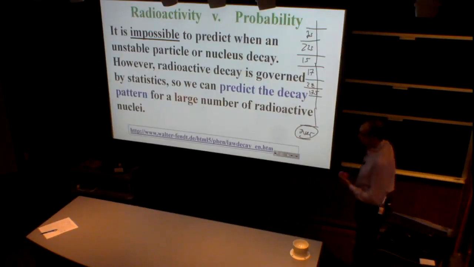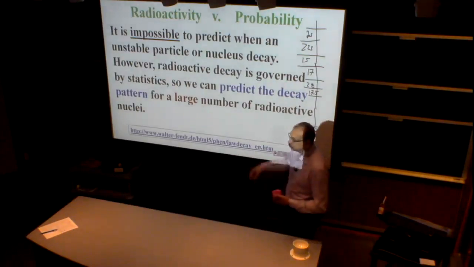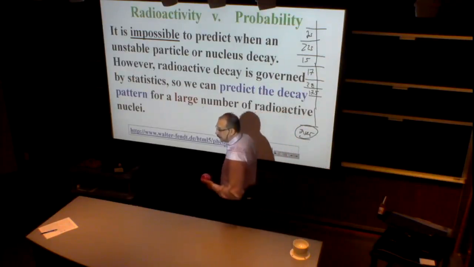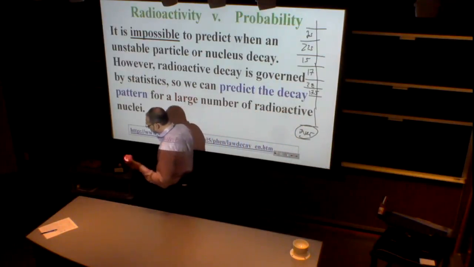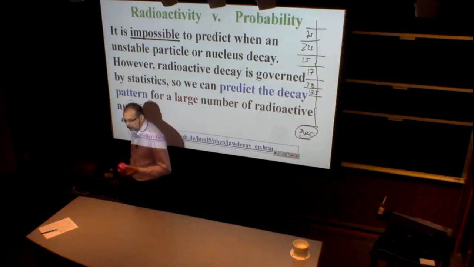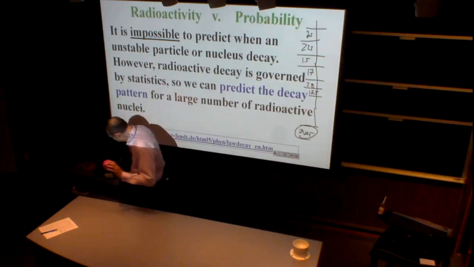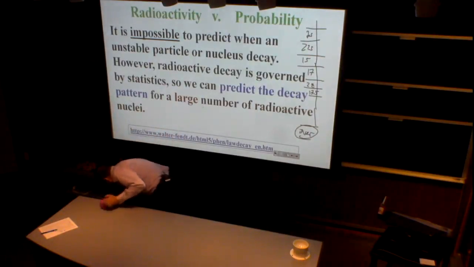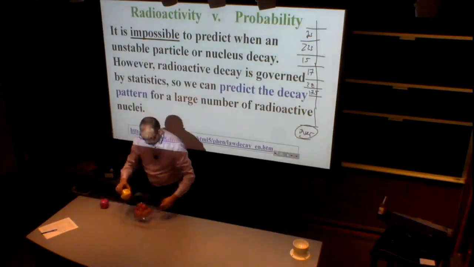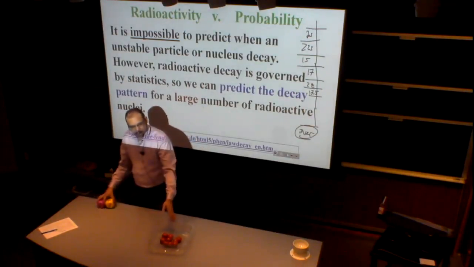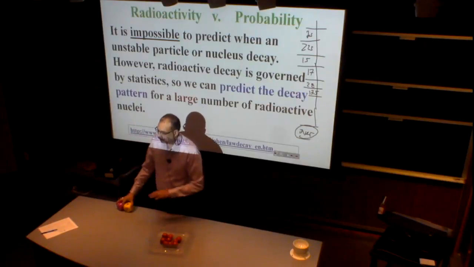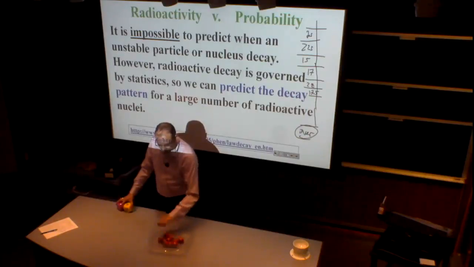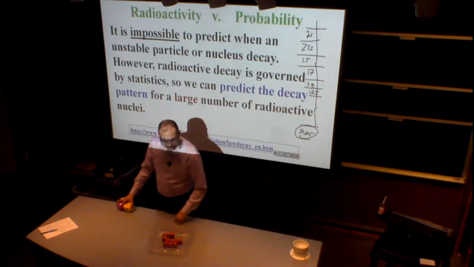So the average values only describe large numbers of events. It's practically impossible to make a prediction what will happen to a specific atom. But we can predict what will happen to many of those. We know that if we have many radioactive atoms and we wait, eventually some split, another one, another one.